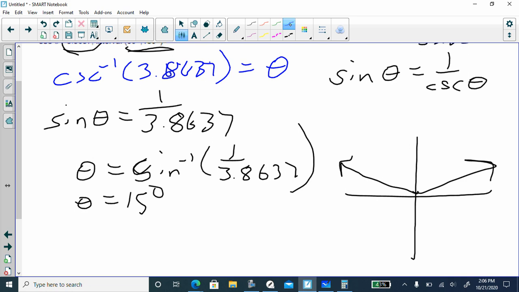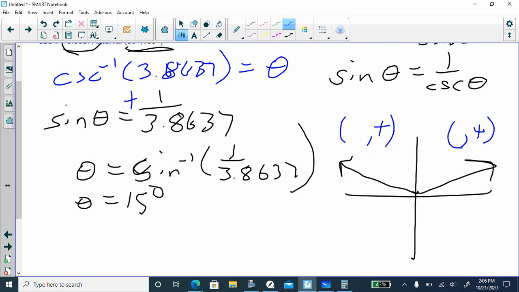Here, our ratio for sine is positive. Is sine positive in the second quadrant? Well, sine is related to the y-coordinate. Remember, sine is y over r. So if the y is positive, sine is positive. And guess what? In the second quadrant, y is positive. So yes, it is possible.